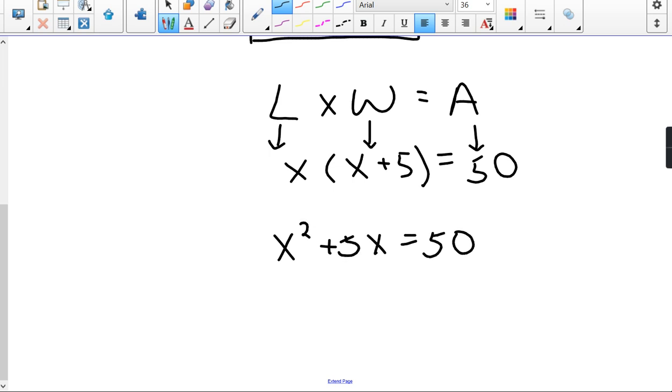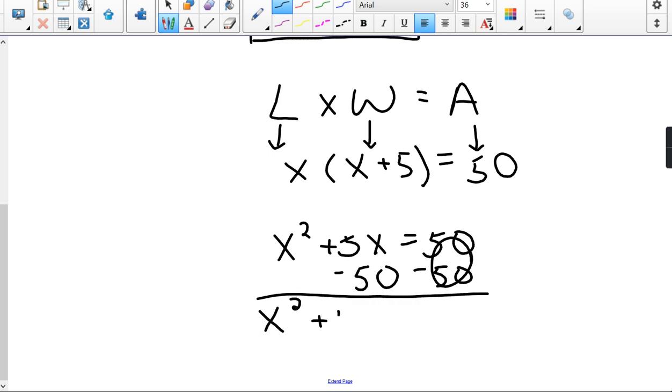Then we could complete the square, or we could check if we could factor. Since our x term is not even, I would choose to check if I could factor, so I'm going to subtract 50 to get 0, because we can only use factoring to solve if our equation is equal to 0. So we have x squared plus 5x minus 50 equals 0.